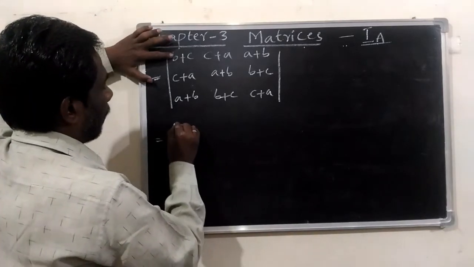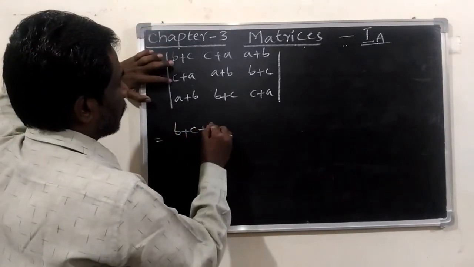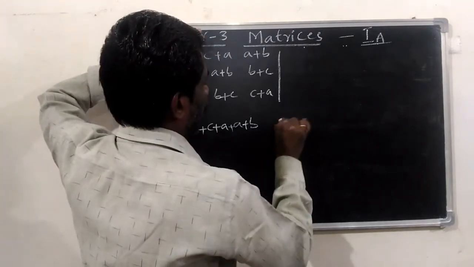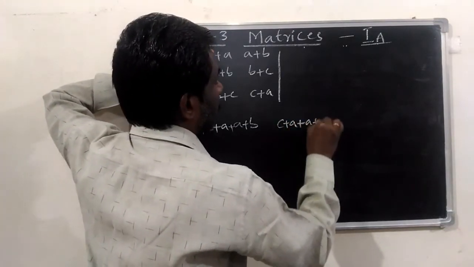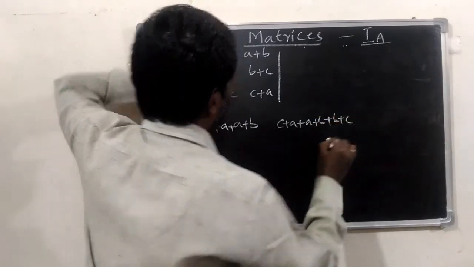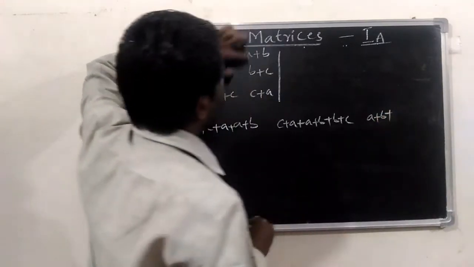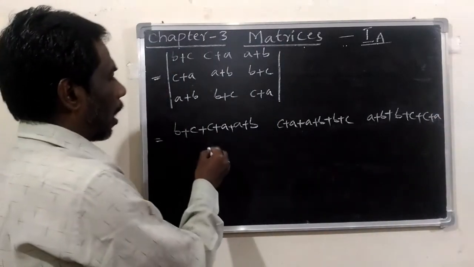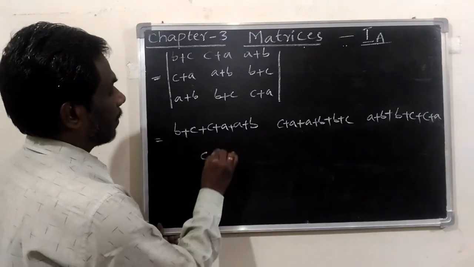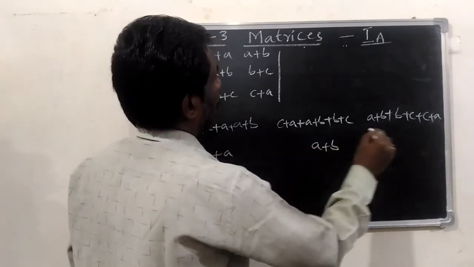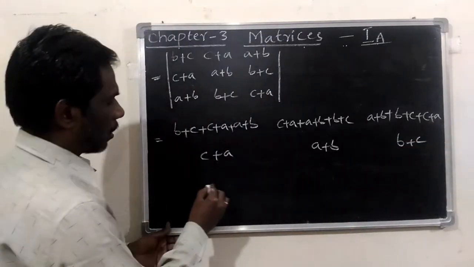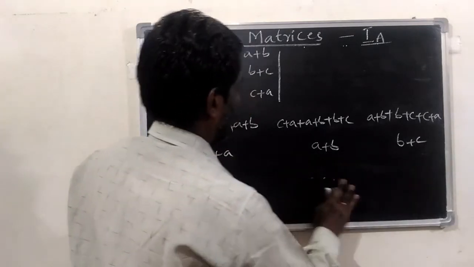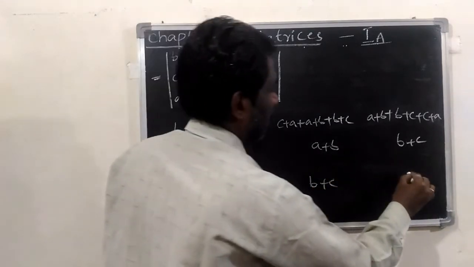So here it is b+c plus c+a plus a+b, and in this place c+a plus a+b plus b+c, and here a+b plus b+c plus c+a. And the remaining R2 and R3 are written as they are: c+a, a+b, b+c, and the third row a+b, b+c, c+a.